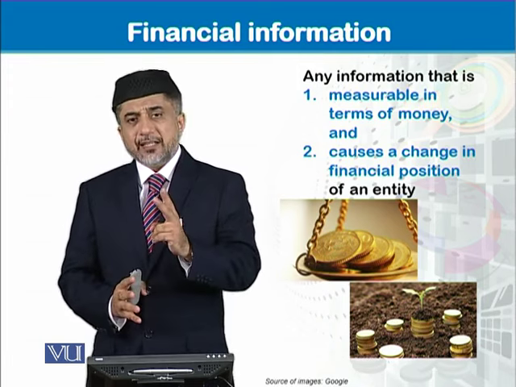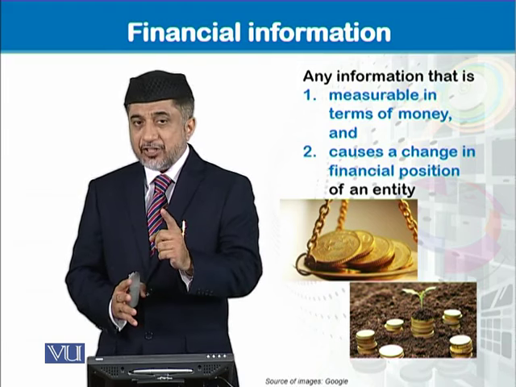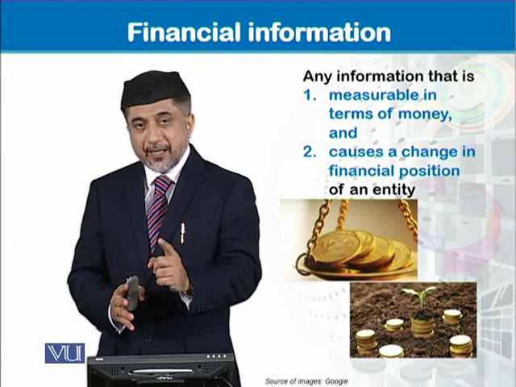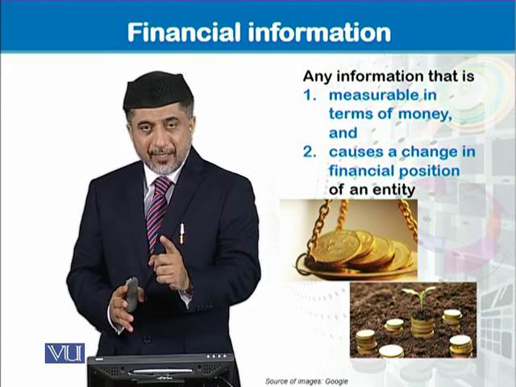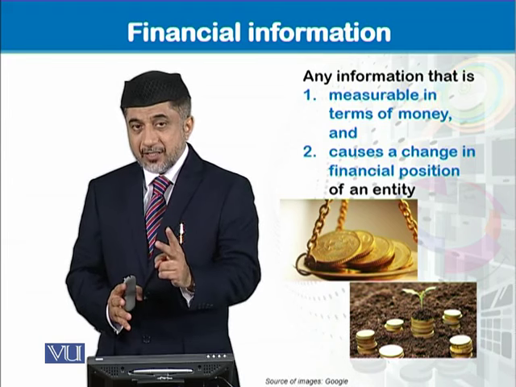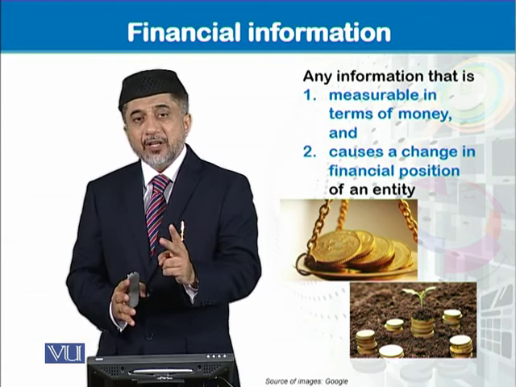So two criteria should be there. One, the financial information is measurable in terms of money. And number two, it can cause a change in the financial position of the entity.